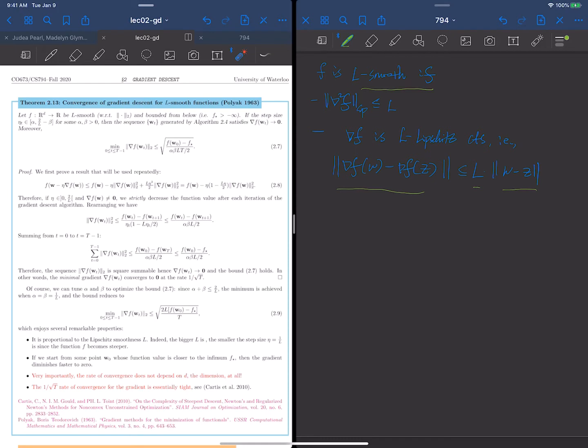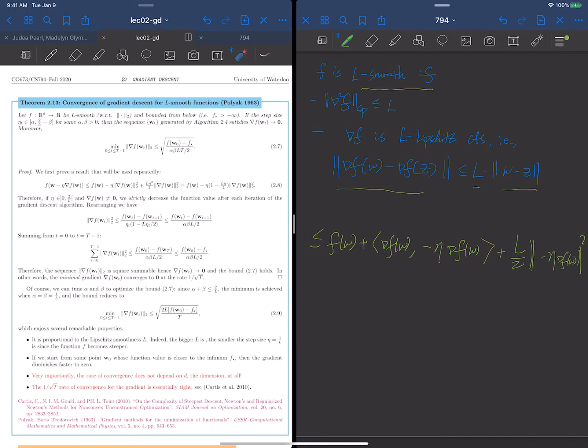If I write all the details, I get the upper bound f of w, plus the gradient of f at w times the difference, which is minus eta times the gradient, plus L over 2 times the squared norm of the difference, which is eta times the gradient, squared.